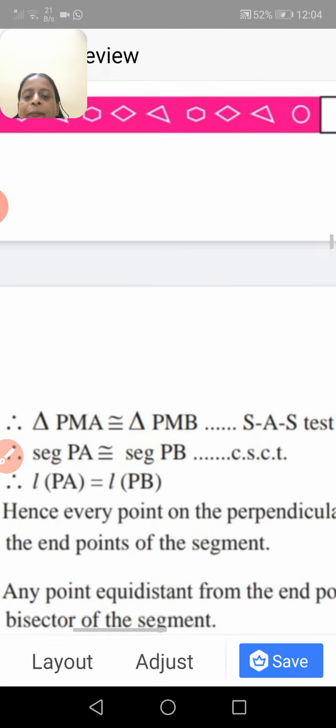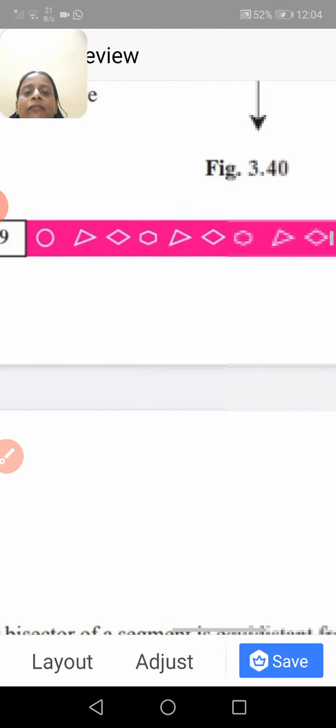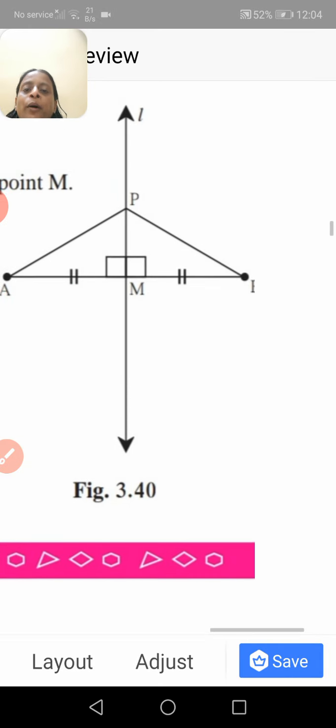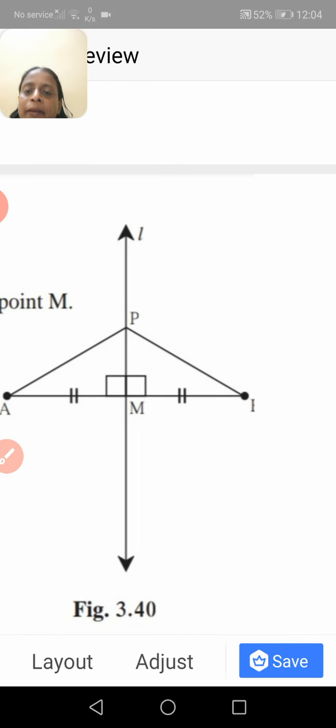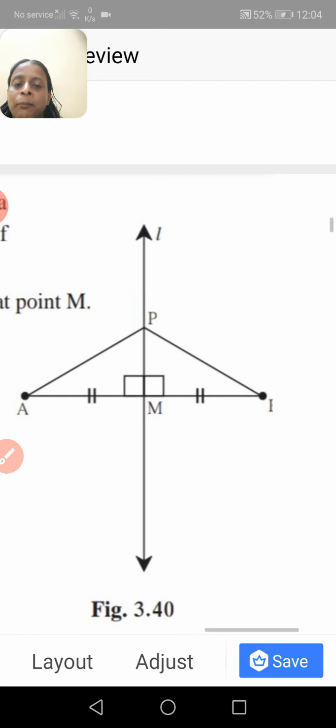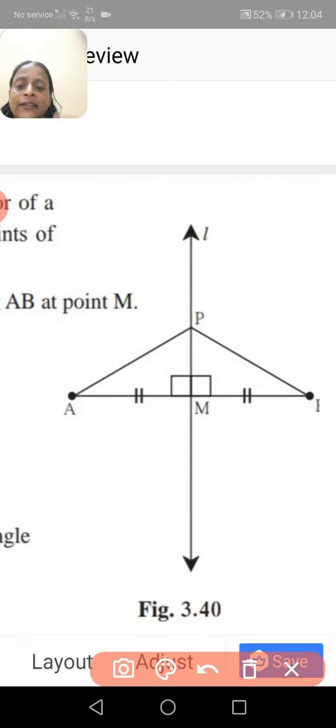Then we prove that points lying on the perpendicular bisector of a line segment are equidistant from the endpoints. Once again I will explain the concept: here P is any point on the perpendicular bisector.